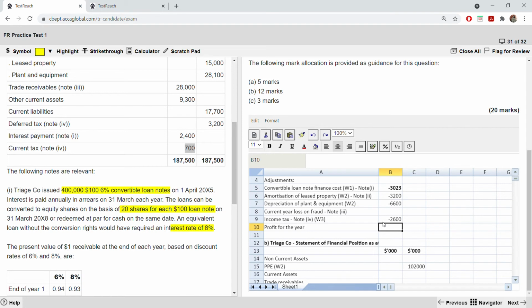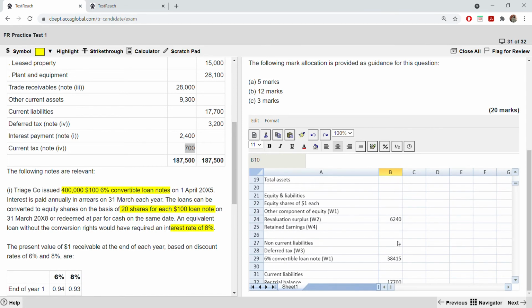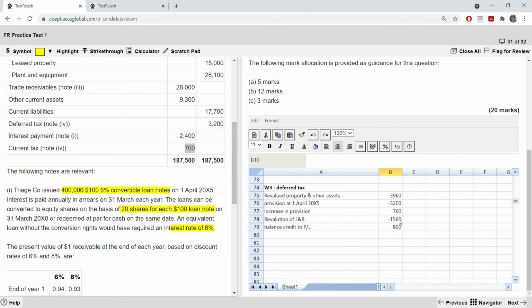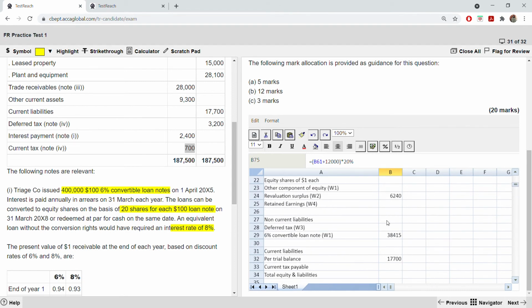So deferred tax is this deferred tax asset. This is only for P&L, but revalued property and plant 3960, this will go to the balance sheet here. Paste special values.